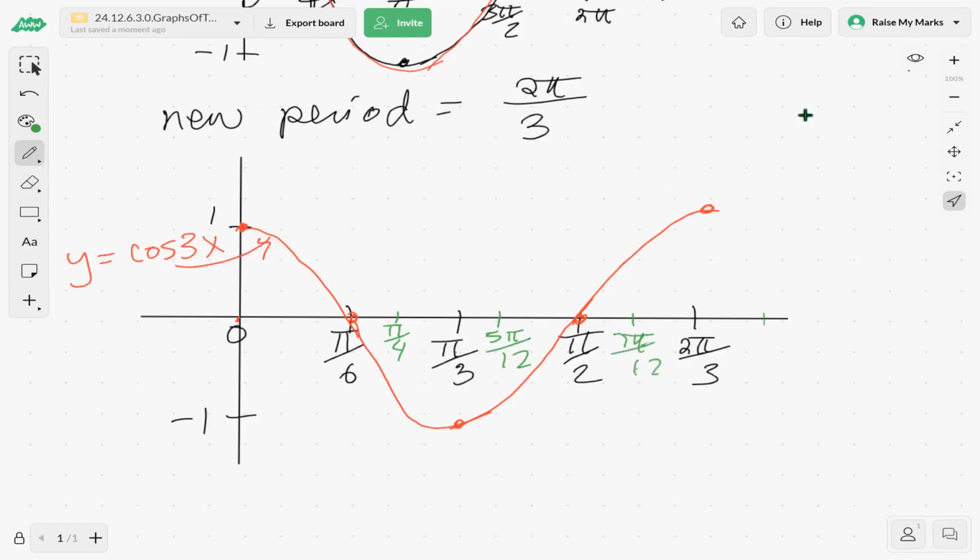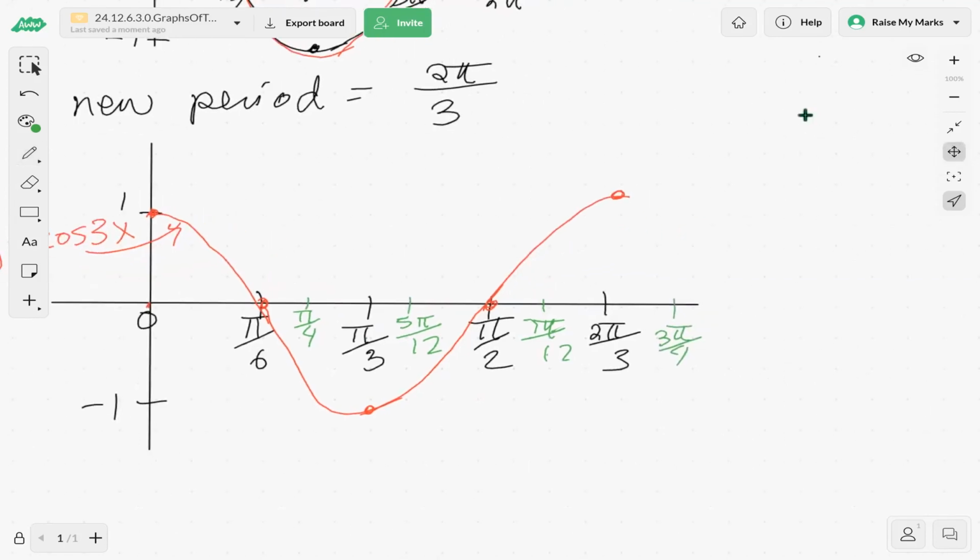Sorry, my mistake. Pi over 2 ends up moving over to 9 pi over 12, or 3 pi over 4. And finally, it looks like we're running out of axis here, so let's put in a little bit more. 2 pi over 3, when we translate it to the right pi over 4 radians, we end up at 11 pi over 12 radians. So each of these points moves over pi over 4 radians.